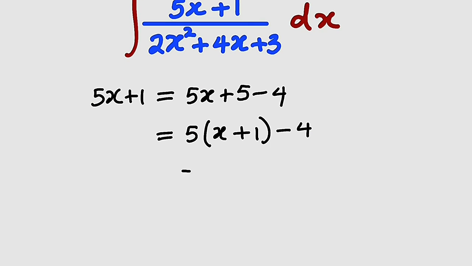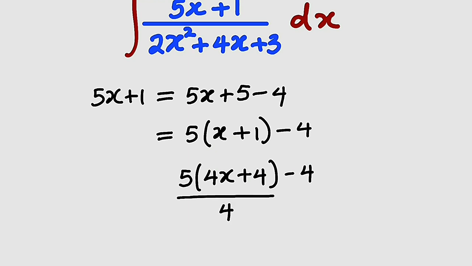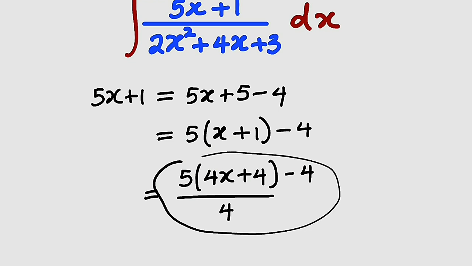So I have 5 multiplied by 4x plus 4, right? Then minus 4. I have multiplied by 4. Therefore, to compensate, I'm going to divide by 4, right? So divide the whole of this by 4. Now our original numerator has been transformed into a term that contains 4x plus 4.